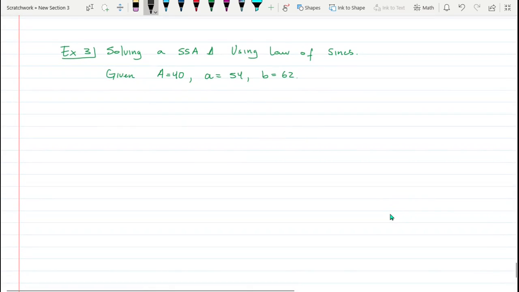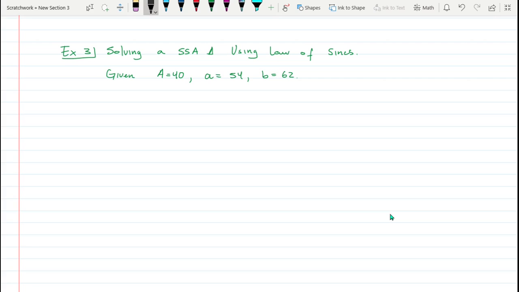In the next example, we're going to talk about the same thing, side-side-angle, but here we're given angle A is 40, length of side A is 54, and length of side B is 62.